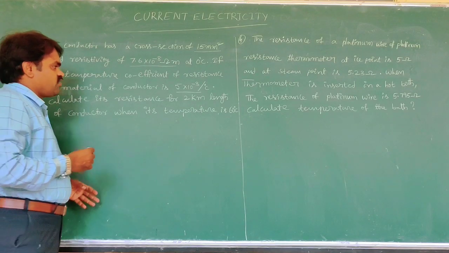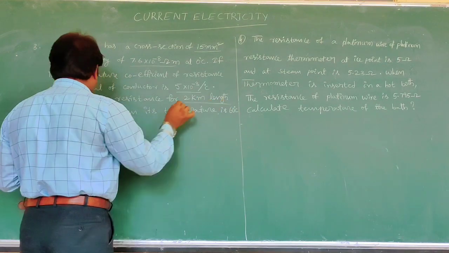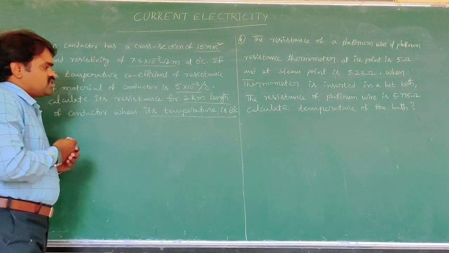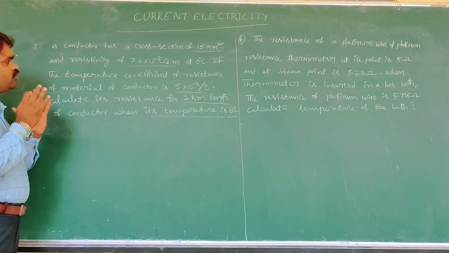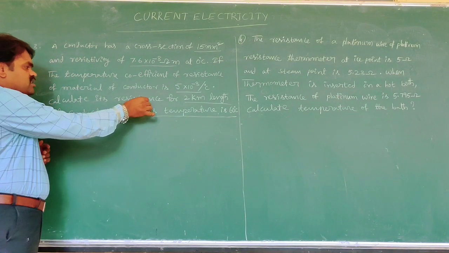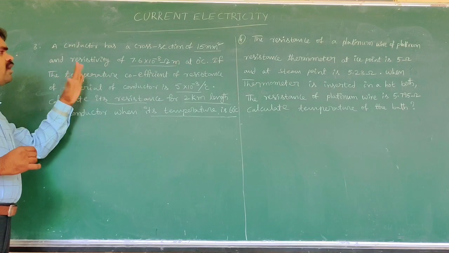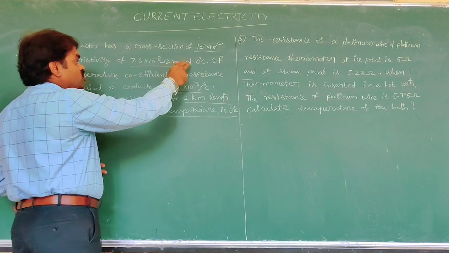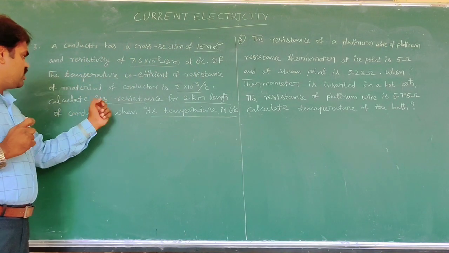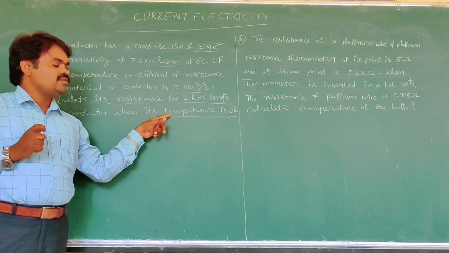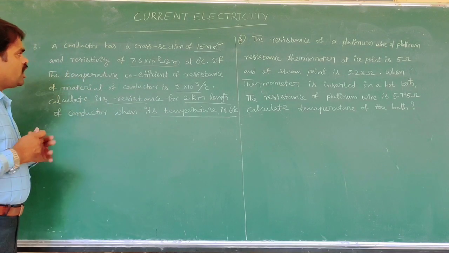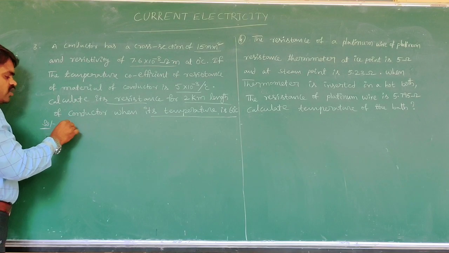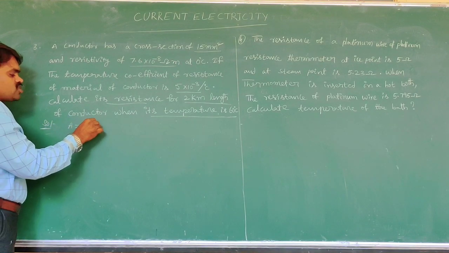Calculate its resistance for a 2 kilometer length of conductor when its temperature is 60 degrees Celsius. We clearly see that they are asking about resistance, but here resistance is not given, they have given resistivity at 0 degrees Celsius. Now we find the resistance at 60 degrees Celsius. First, what they have given is the cross-sectional area of the conductor, 15 millimeter square.